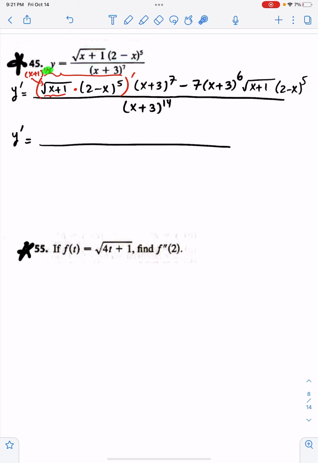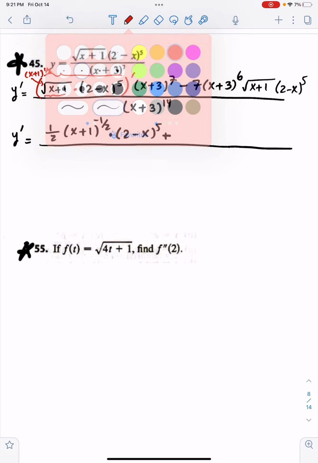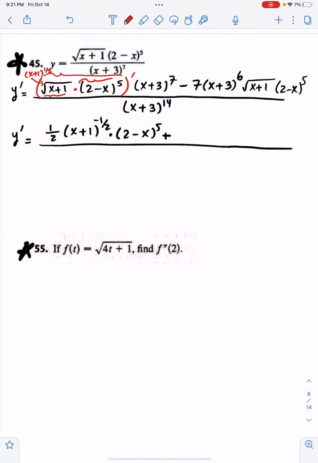So we bring 1/2 to the front and subtract 1. So it's 1/2 (x plus 1) to power 1/2 minus 1, which is negative 1/2. Derivative of the first one times the second, plus, we are still working on that red piece, plus derivative of the second one times the first.